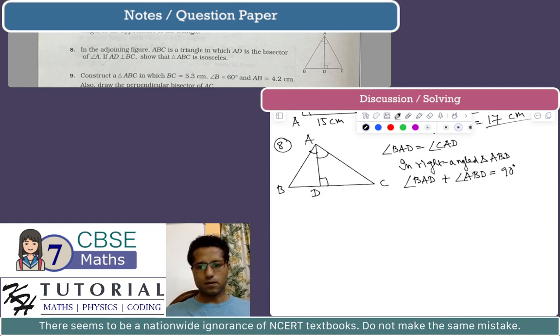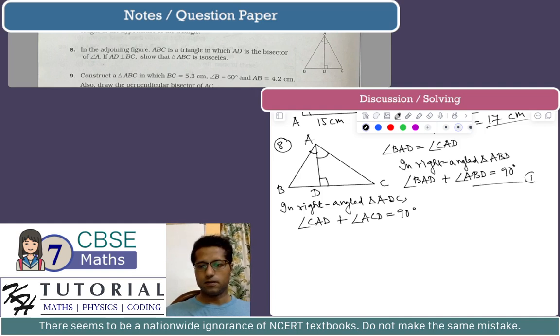Also in right angled triangle ADC, we will have the sum of the two acute angles equal to 90 degrees. That is angle CAD plus angle ACD equals 90 degrees. Now let this equation be 1 and this equation be 2.